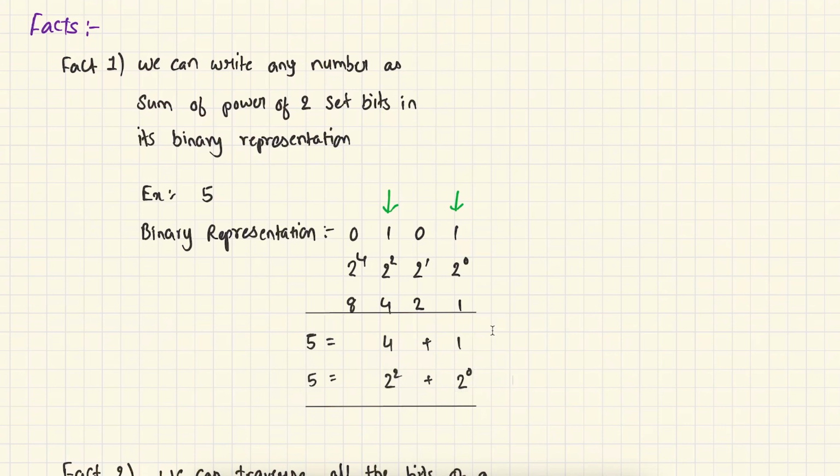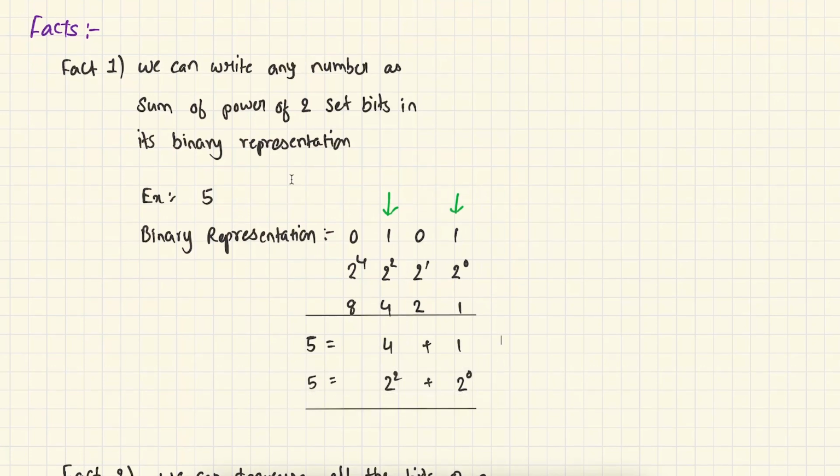Now look at this closely. Here this bit is set, which means we are simply adding the value of this bit plus the value of this bit, and we get 5. This is the actual meaning of this line: we can write any number as a sum of powers of 2 for the set bits in its binary representation.